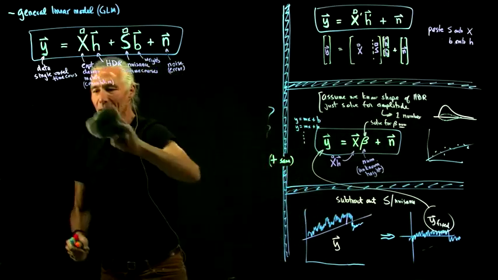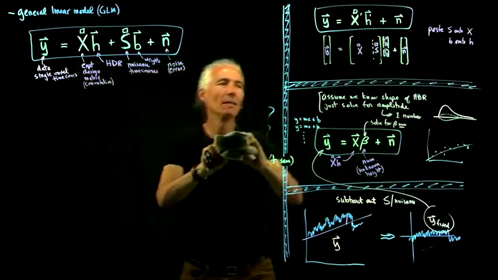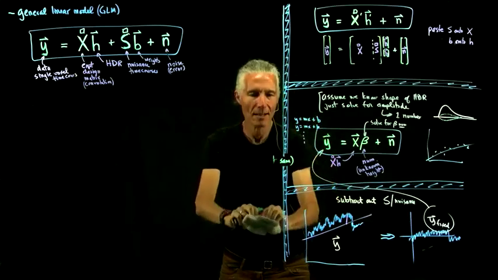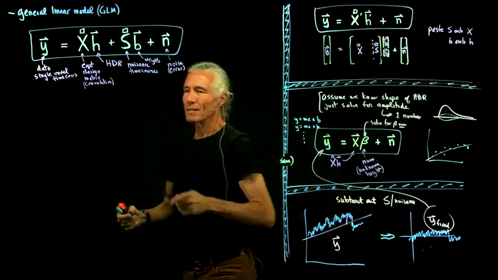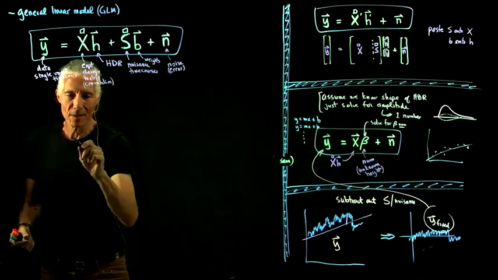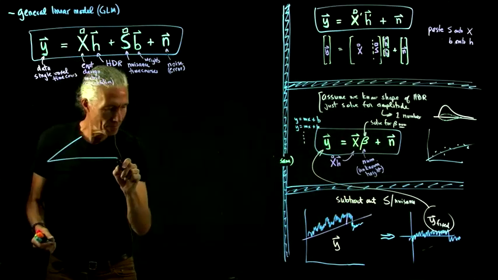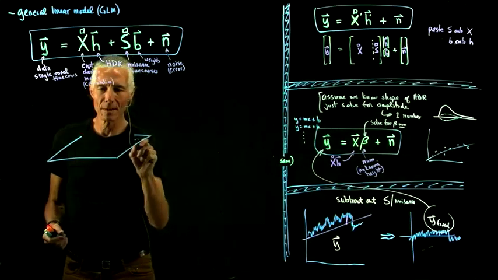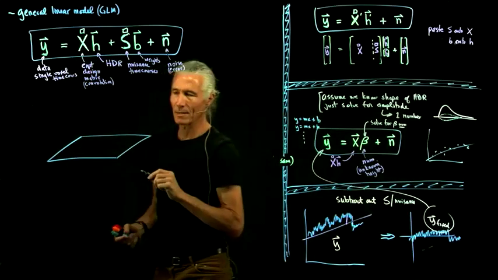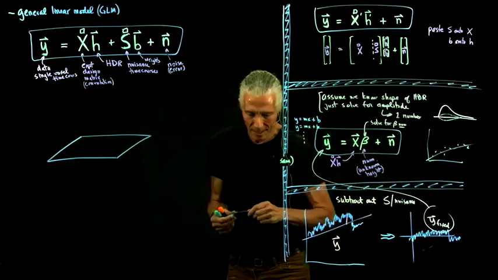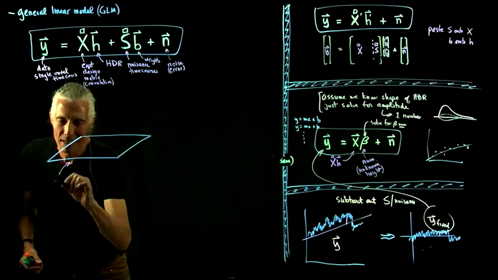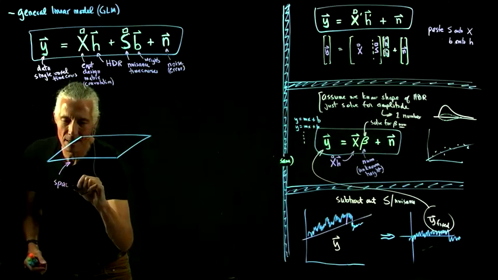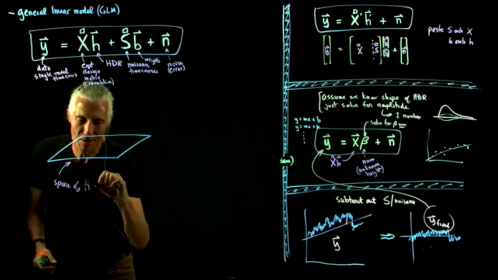So the experimental design matrix, which you can decide how you want to make it. One way of thinking about this is we can think about it as defining a space. Now, I've just drawn a two-dimensional space here, but what is this space? This is a space of time courses, and what on earth does that mean?